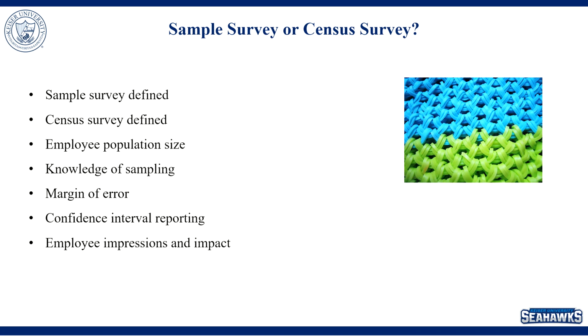For instance, if we conduct a sample survey, employees will learn that some people were surveyed and others weren't. Well, then that can perhaps leave a negative impression because some employees may feel left out or discriminated against.